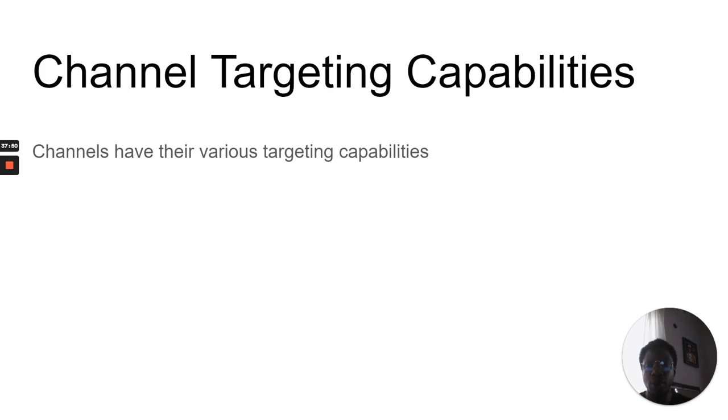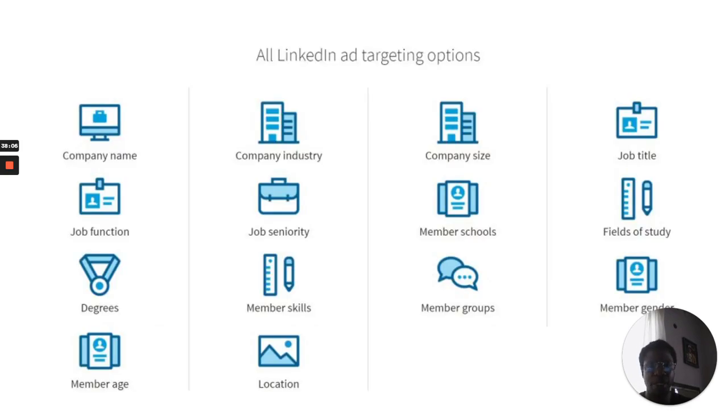So you must understand again channel targeting capabilities, because channels have various targeting capabilities. Even if you wanted to run adverts on some of the channels, they have their various targeting capabilities. For example, LinkedIn. This is exclusive to LinkedIn.